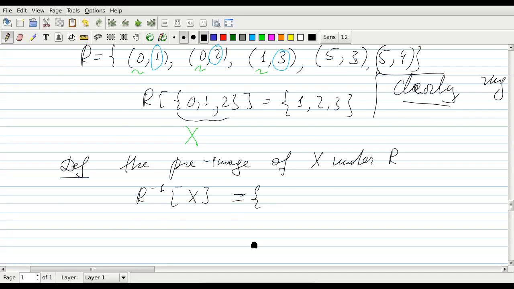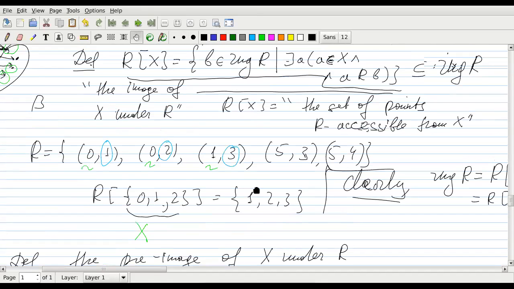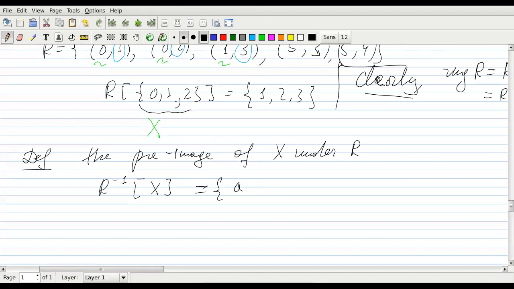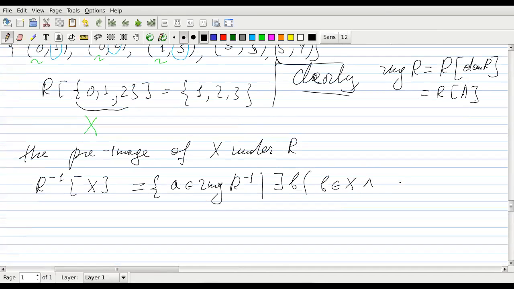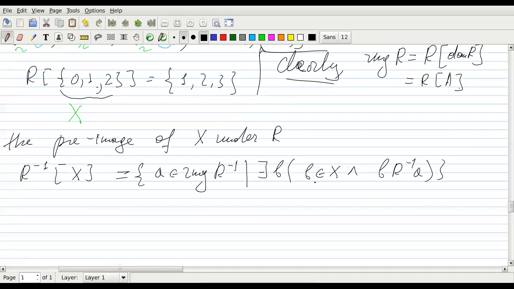So it is the set of all A's from the range of the converse relation, so that there exists some B, where B is an element of X, and B, the converse of R, A. Or equivalently, what is the range of the converse relation?